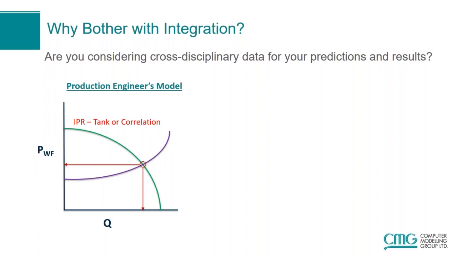The purple line is the lift performance that tells you how much your well can lift. So a production engineer would likely have a very accurate description of the purple line, but for the green line, they might be using a tank model or a simplistic correlation, which may or may not be completely accurate. The result of these two curves is the intersection point, and that is the operational point of your well. This is the rate at which the well will flow and the pressure at which the well will flow.